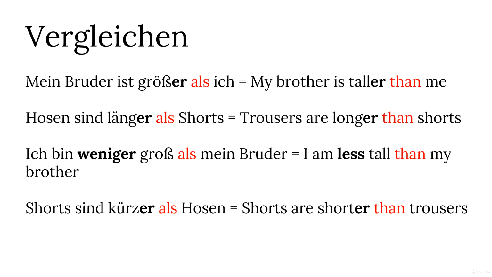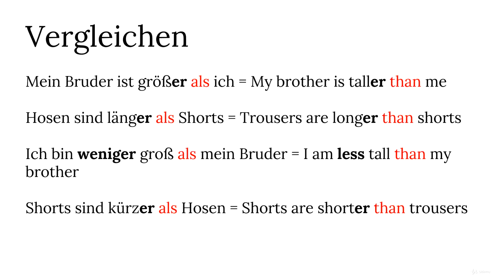In the third sentence, however, I am less tall than my brother. So it's the opposite now. The first person is less than the second person. Here, you only have to add the word weniger, which means less.